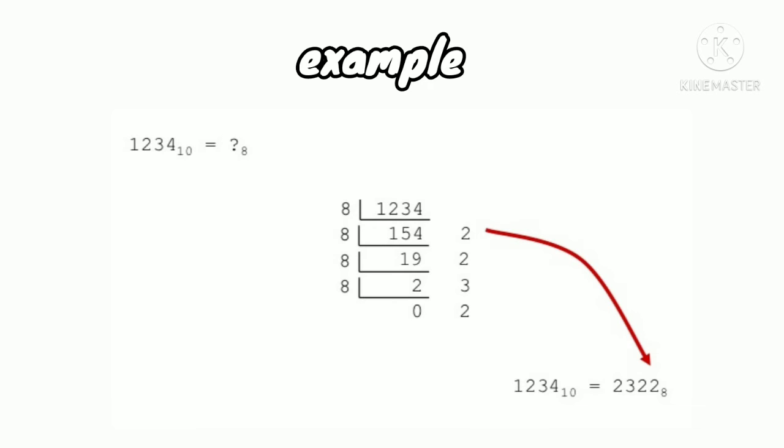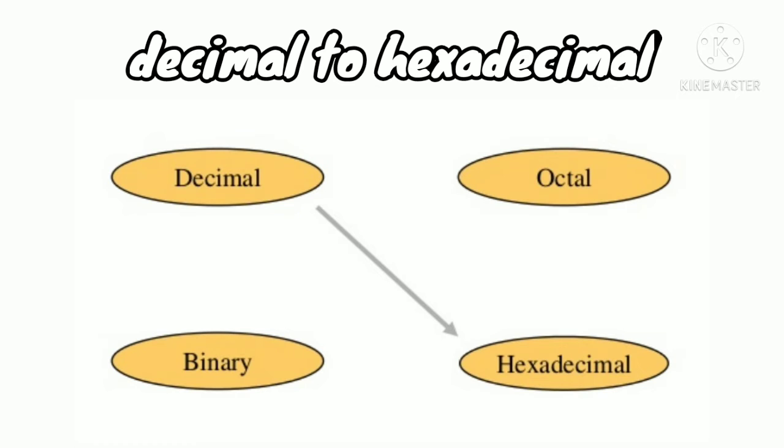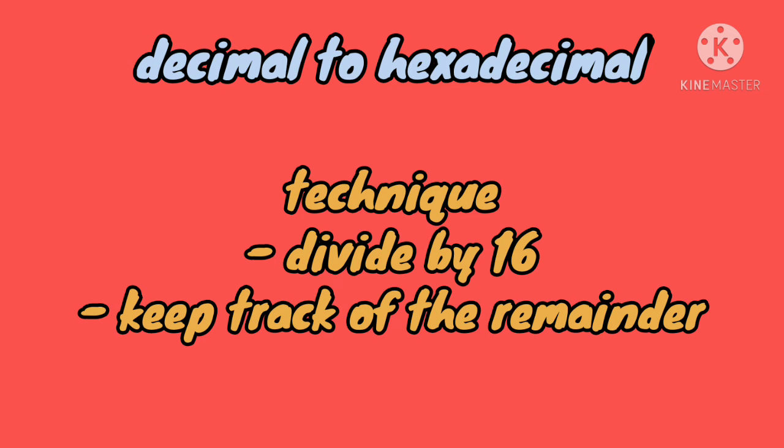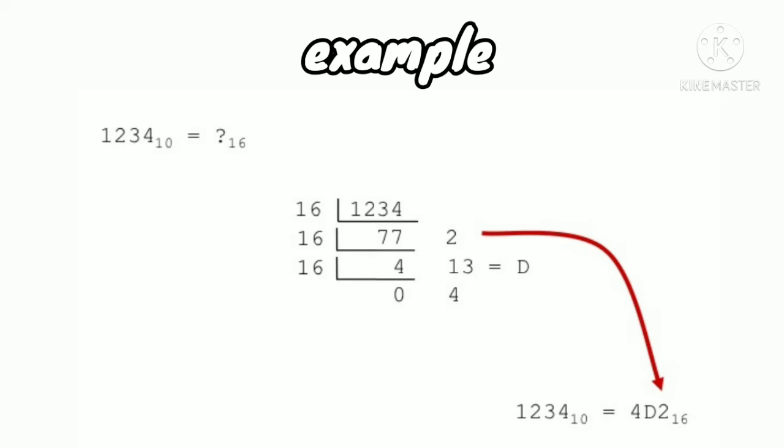This is the example of decimal to octal. The conversion of decimal to hexadecimal. To convert decimal to hexadecimal, divide by 16 and keep track of the remainder. Here is the example in which decimal is converted into hexadecimal.